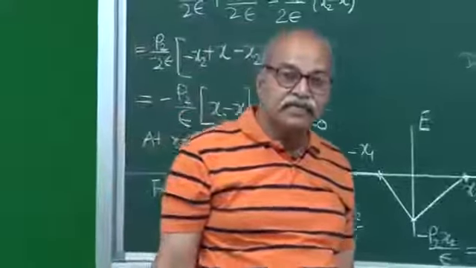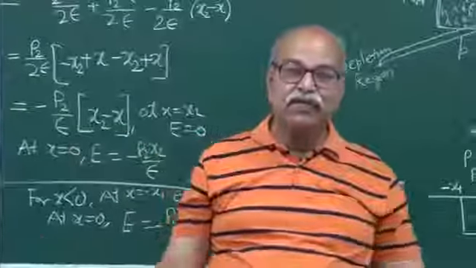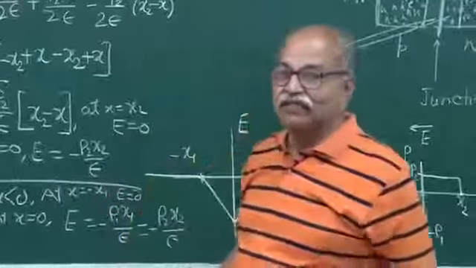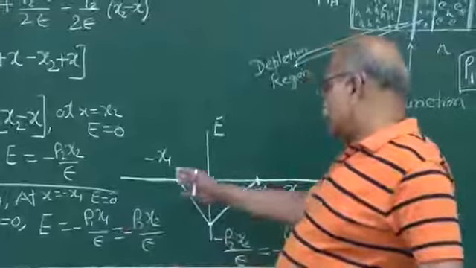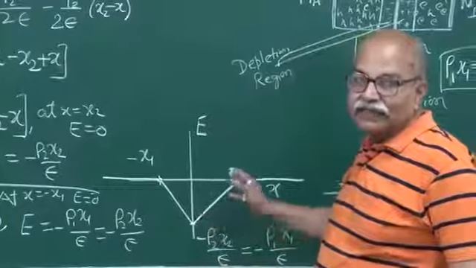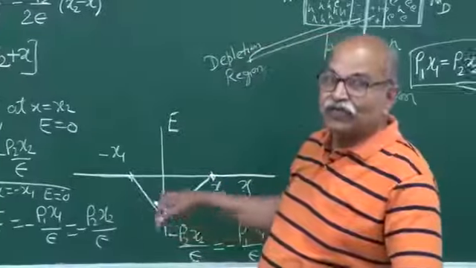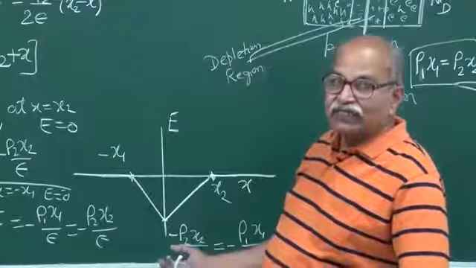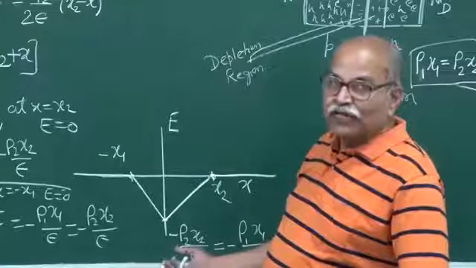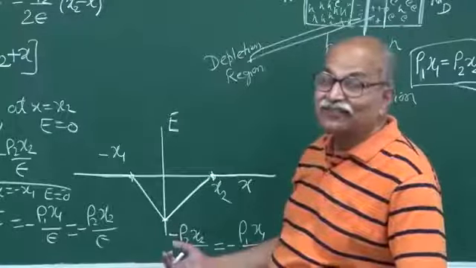It will be linear in the two regions. Depending on the dopant density, you will have a certain slope of this E versus x line here and here. So our next task will be to calculate the potential as a function of x.